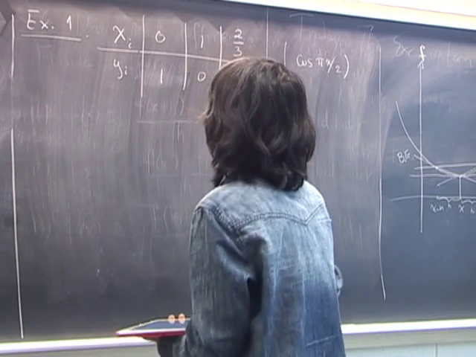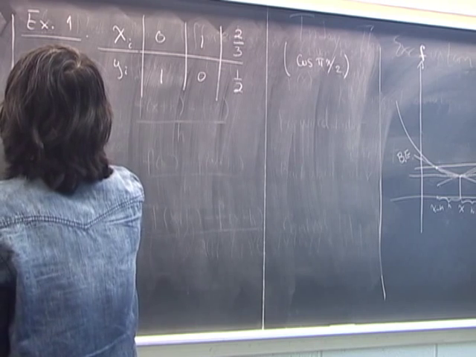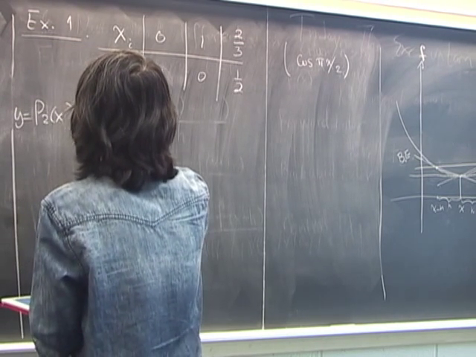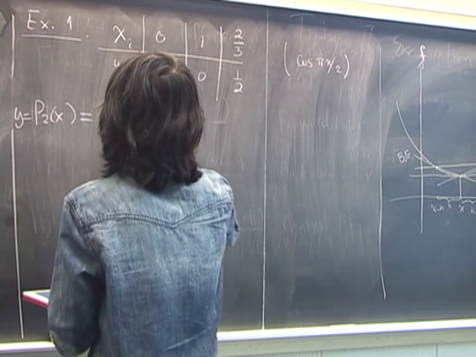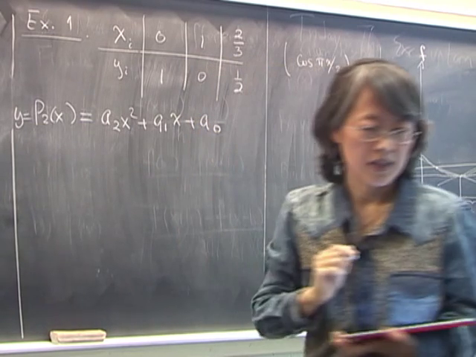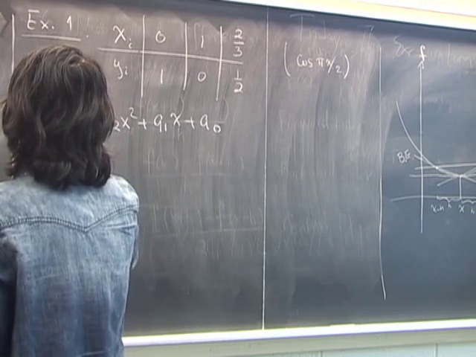Okay? So what do you do? So y equals P2 of x we want to find, isn't it? A2 x squared plus A1 x plus A0. My unknowns are those coefficients. I need to find these 3 coefficients by solving 3 equations, right? So I'll set up the equations.